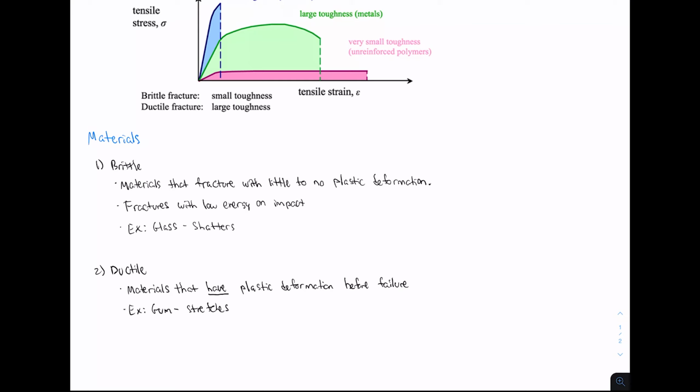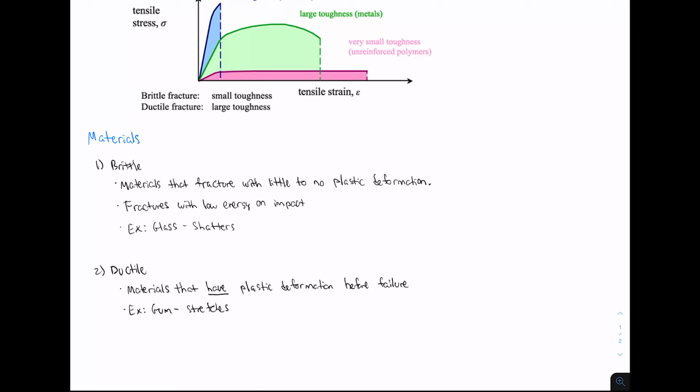However, this is a little misleading because these different materials might act in different ways under different temperature scenarios. If I have, let's say, a ductile material, it might be ductile at room temperature, but if I put it at a very low temperature, like with liquid nitrogen, then it might not act ductile anymore.